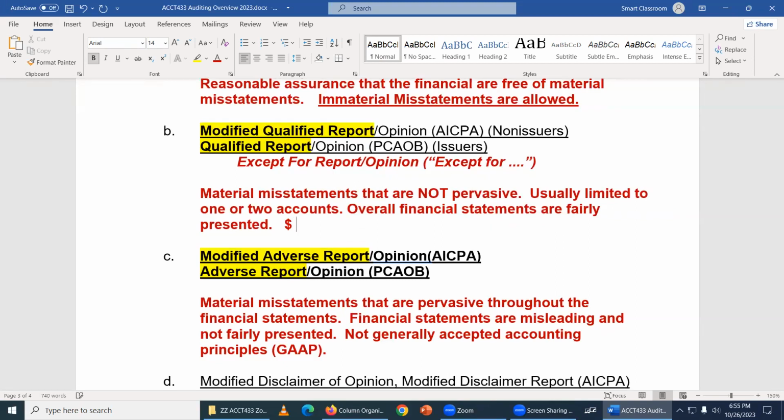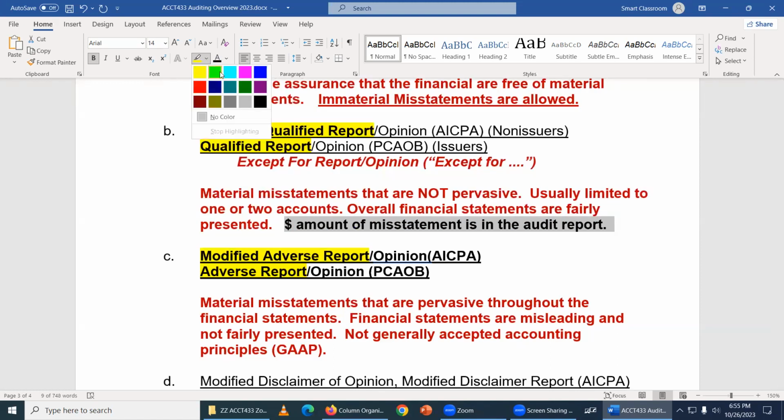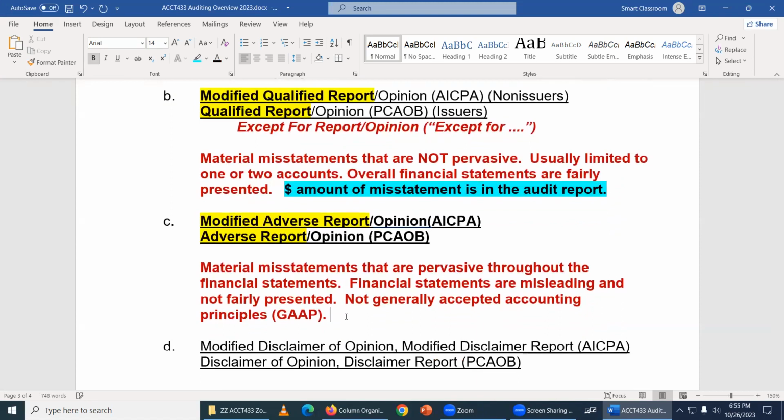So, dollar amount. Let me clean this up. Let's try that again.